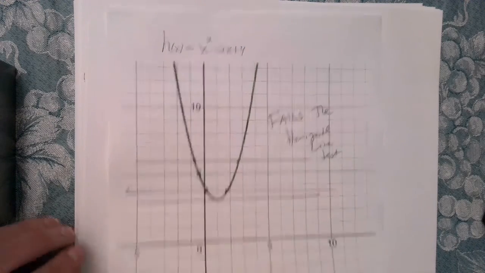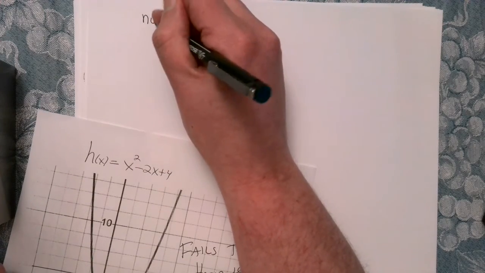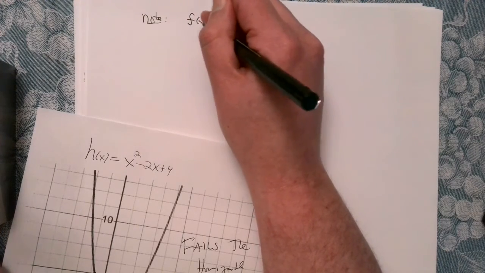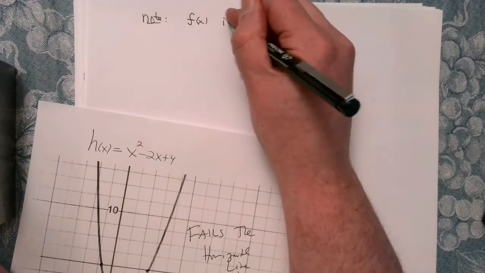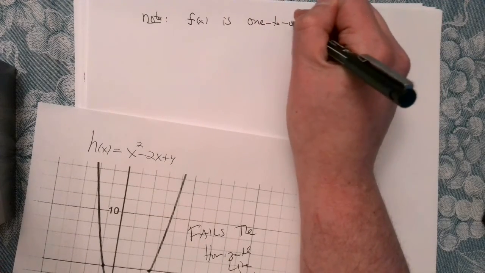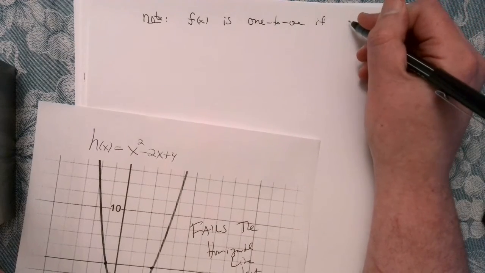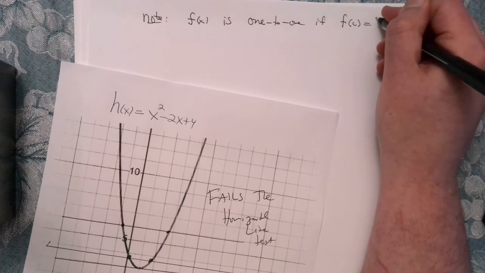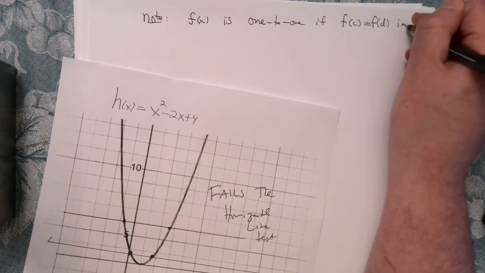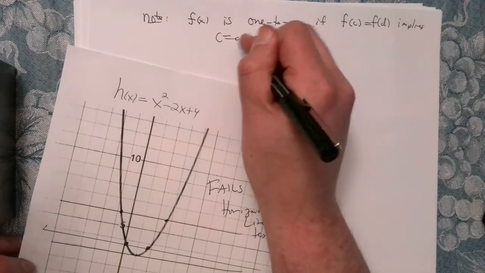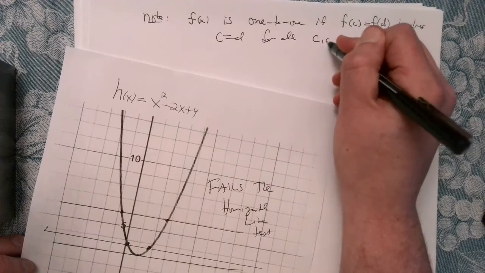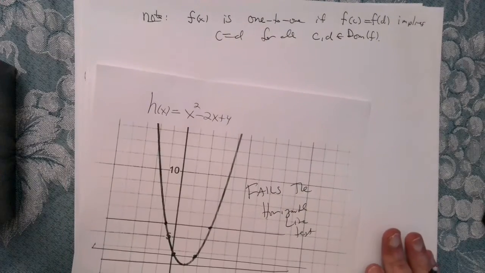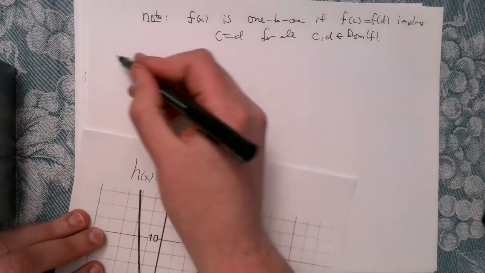So just recall, f of x or h of x, whatever you want to call the function, is one-to-one if, this is for all c and d of the domain. So how do I prove that it's not one-to-one? I need to find a counterexample.